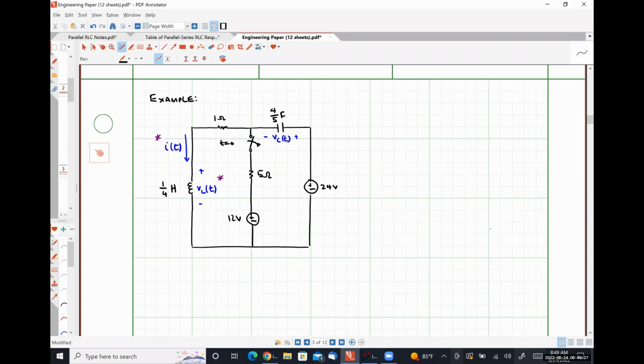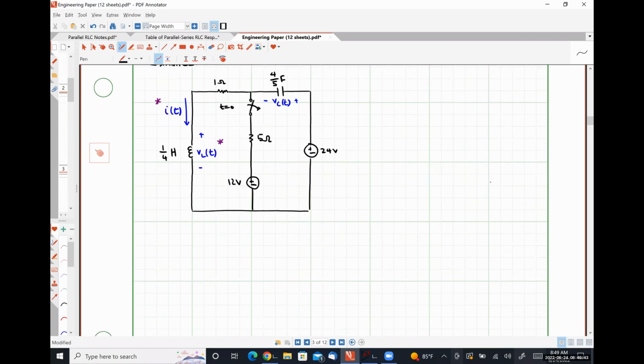The first thing that we are going to do is step 1. We are going to look at this circuit during the transient condition as a dead network and calculate alpha and omega naught.